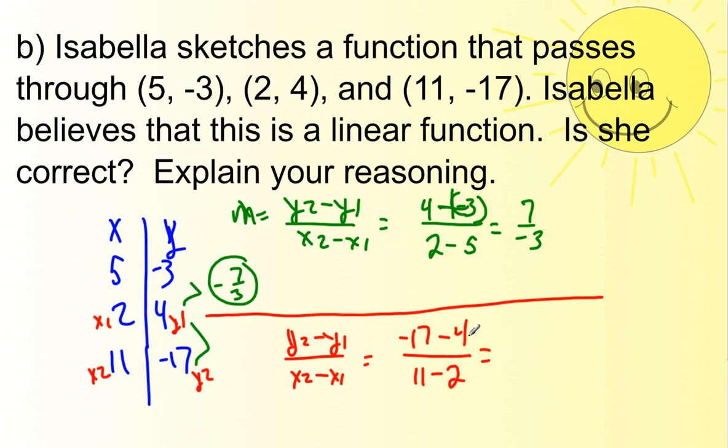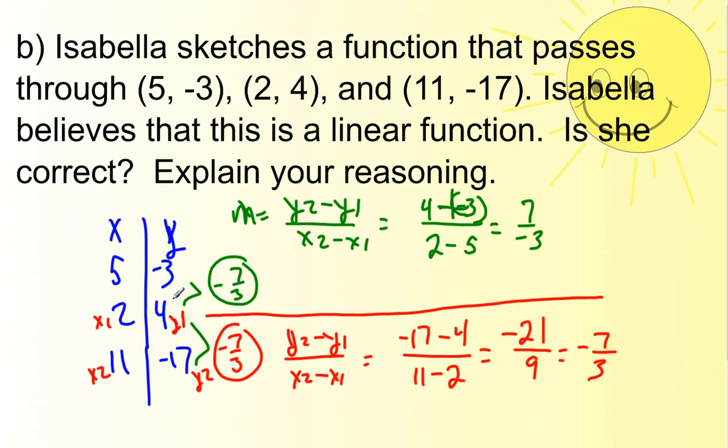That's a negative 21 over 9. If we simplify, you could divide top and bottom both by 3, that gives me negative 7 over 3. Huh, we got the same slope. Here we got a slope of negative 7/3, there we got a slope of negative 7/3, which means this is linear. If we got the same slope at two different points, the chances are it's going to be linear.